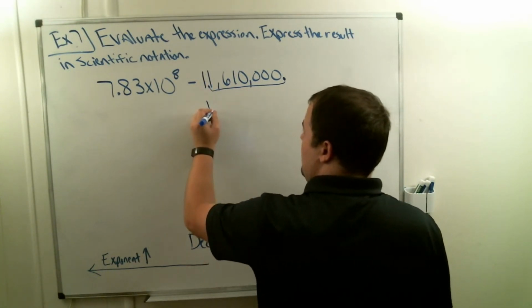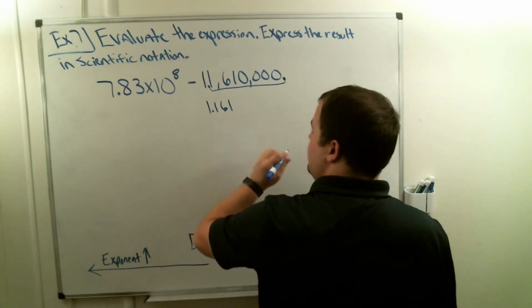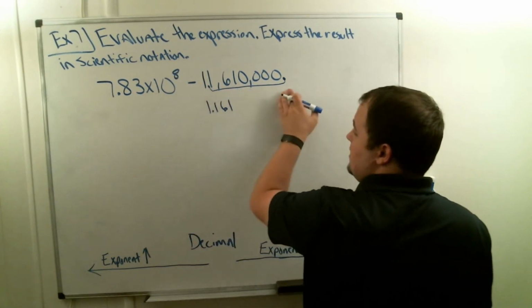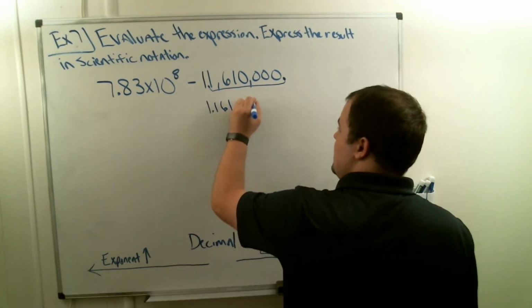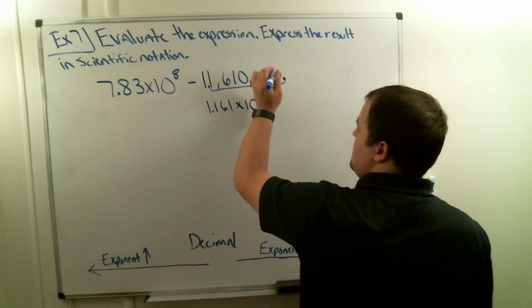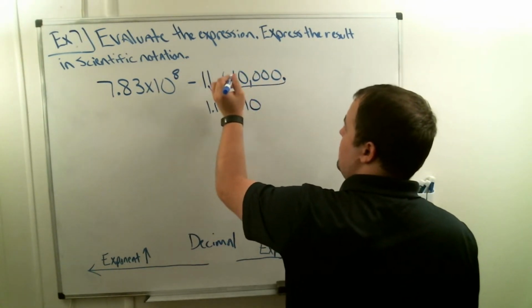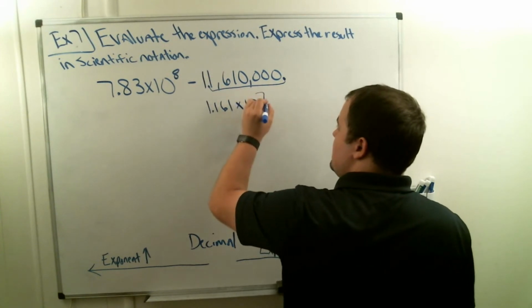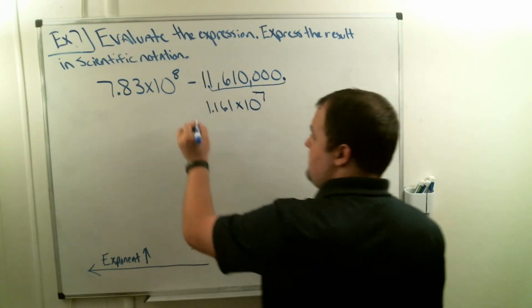So I get 1.161, because that's the numbers. Anything that has 0 I can drop off, times 10, and I count how many times the decimal moved. 1, 2, 3, 4, 5, 6, 7. So this is times 10 to the 7th power.